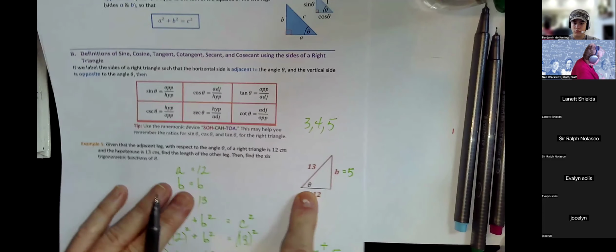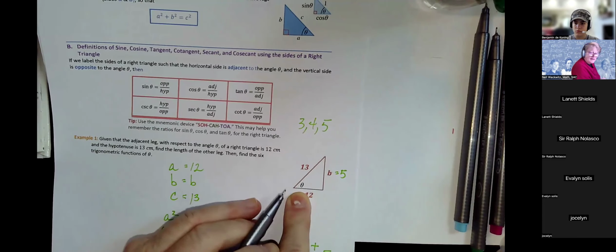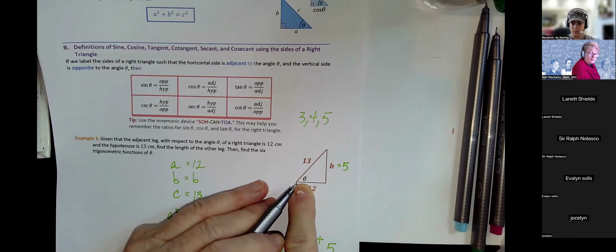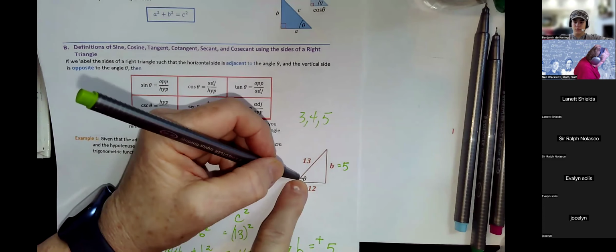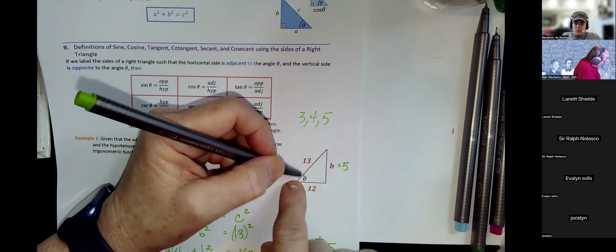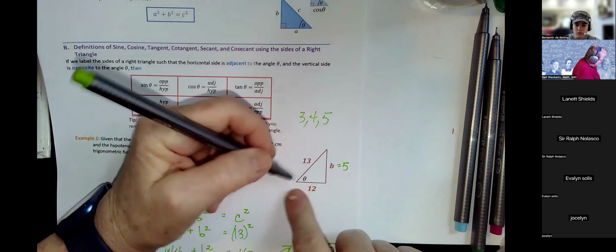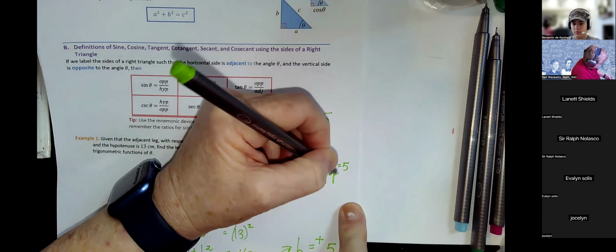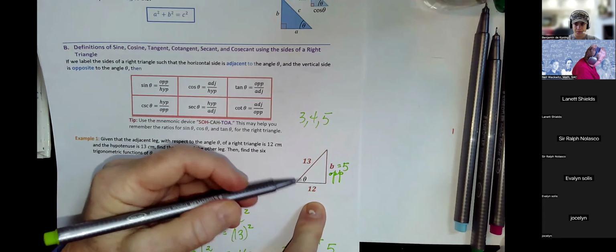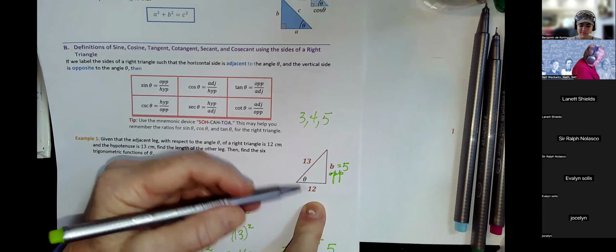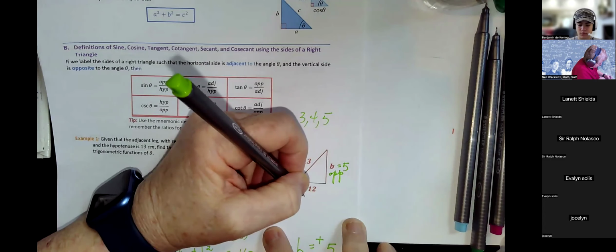Now, we're going to use the location of theta as our orientator. With respect to theta, B is the side opposite theta, so I'm going to call it opposite. A is the side adjacent, or next to.